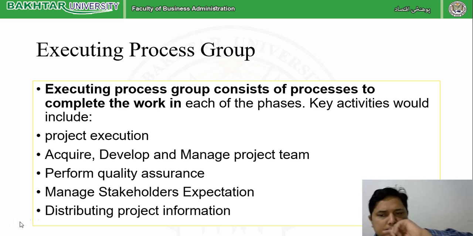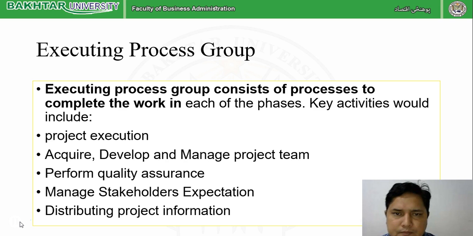Because the confusion is like this: students think that requirement identification of the people and getting them to the job, giving them the task, is part of planning. No, it's not like that.